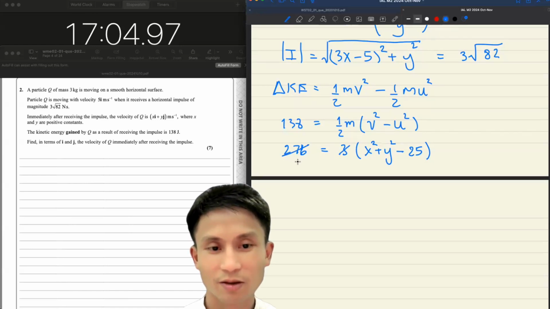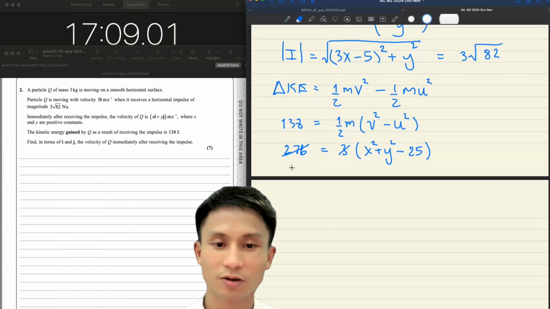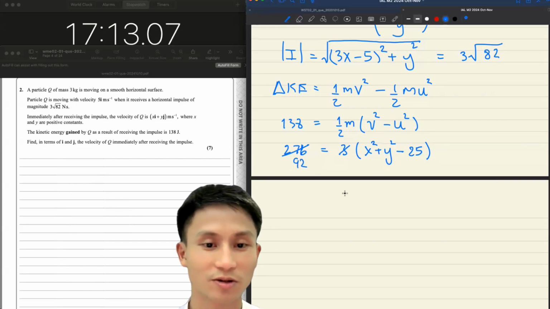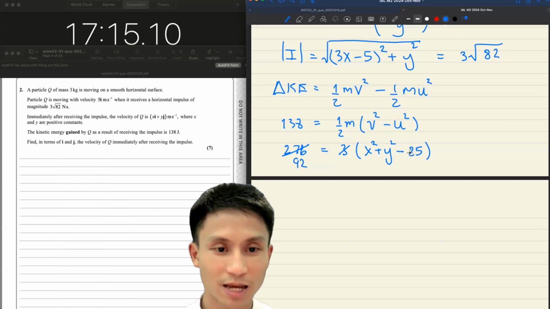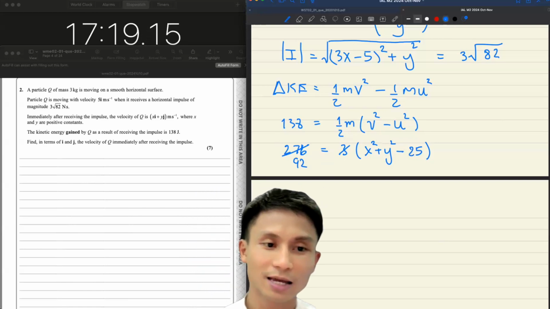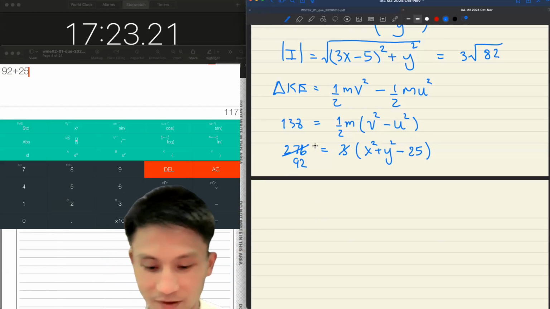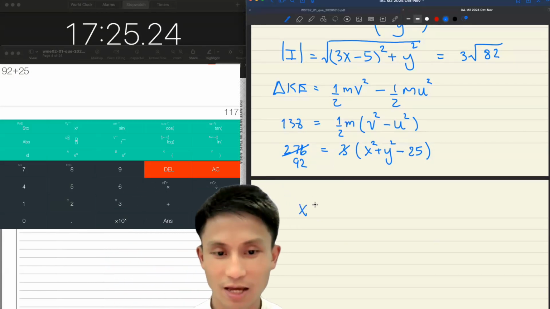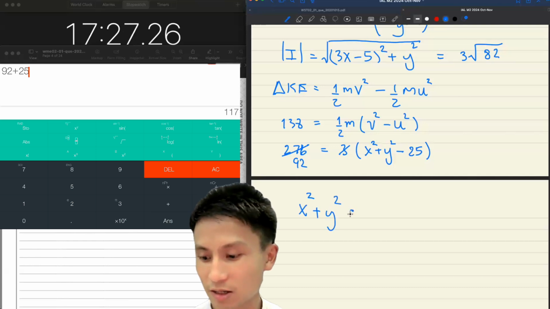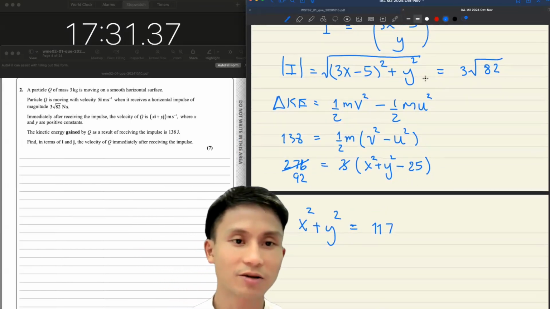So I get 92. Yeah, 92. And then plus 25 on both sides. I'm just going to use the calculator there just to be safe, guys. 117. So I have x squared plus y squared equals 117. Okay, that's the other equation.